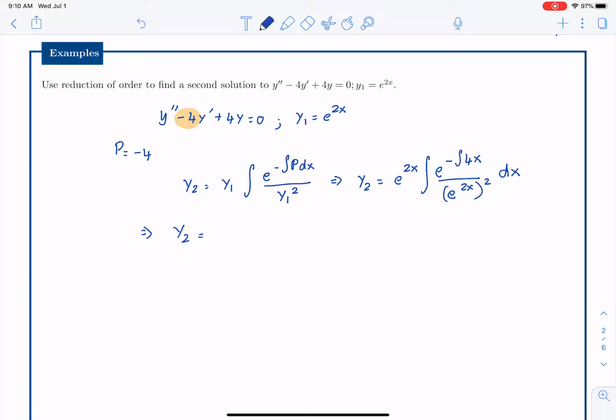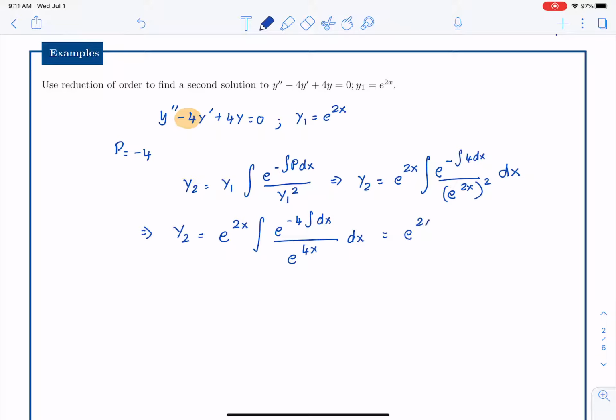y2 would then be equal to e raised to x, and if we pull the negative 4 out, that has to be dx. And use the property of exponents, the denominator would become e raised to positive 4x.